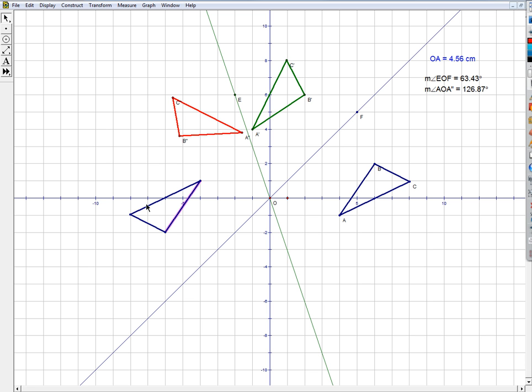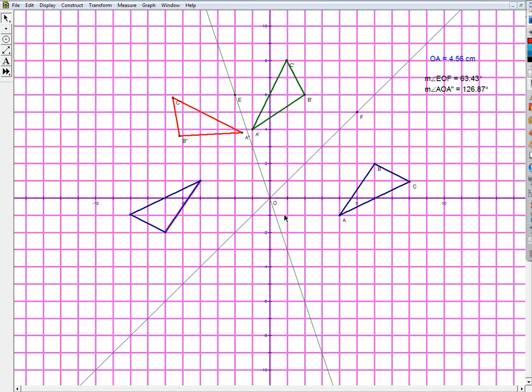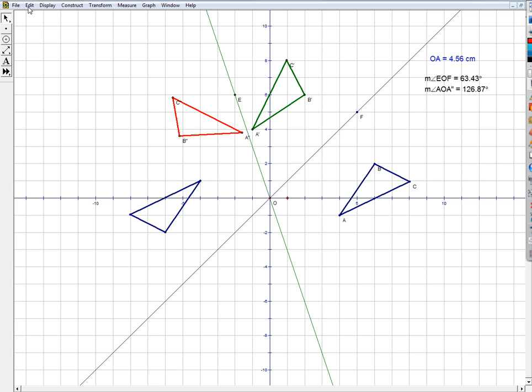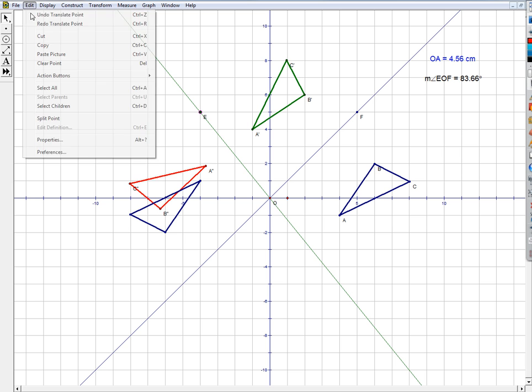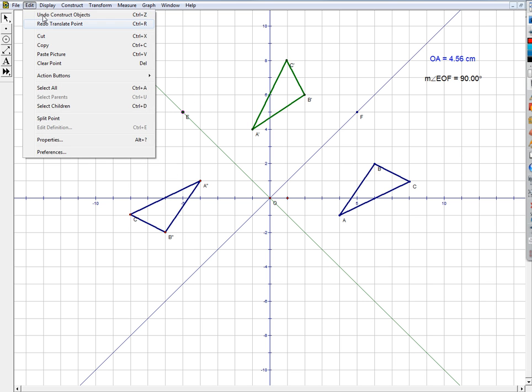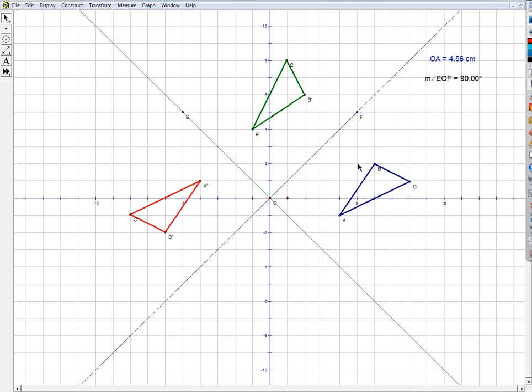Okay, one last thing I've got to show you, very minor. When I'm doing rotations, notice something here. If I want to rotate something in the counterclockwise direction, you may have noticed that I just put in an angle.